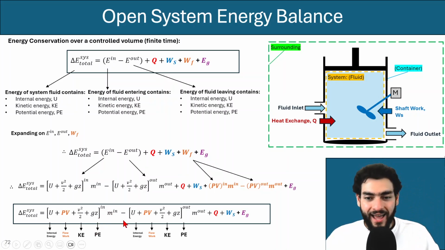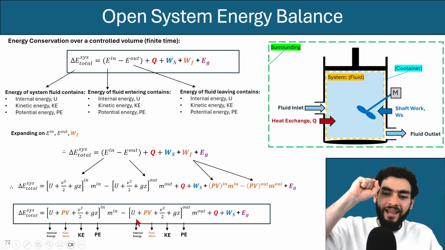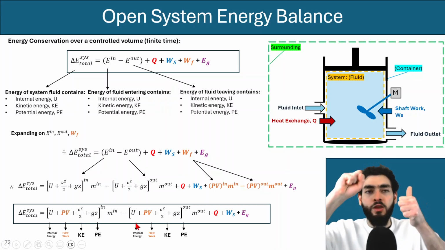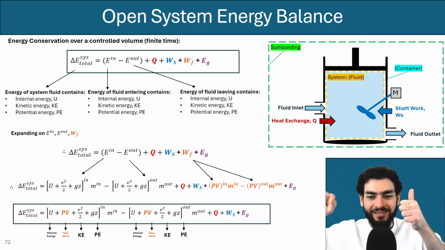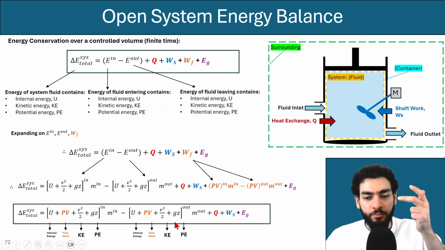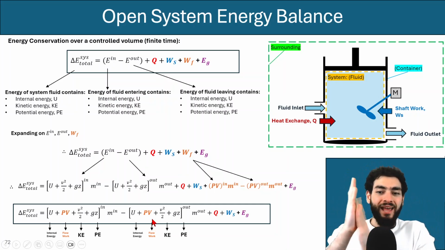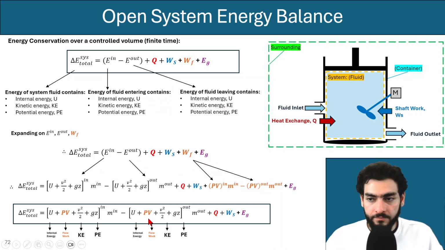And you subtract that from the energy that is leaving the system, and again, it is the internal energy of the fluid that is leaving the system, and kinetic energy and potential energy, and you also must add to that the energy required to push against the pressure at the boundary, which is the PV at the outlet.